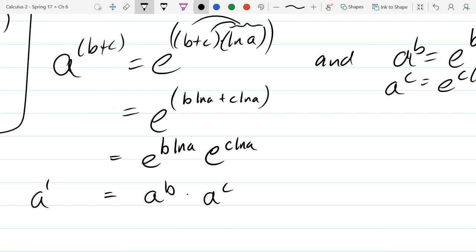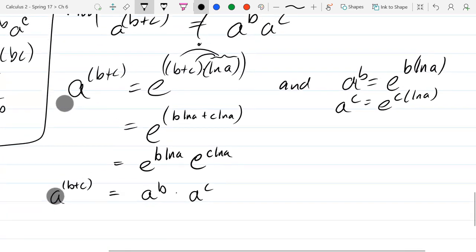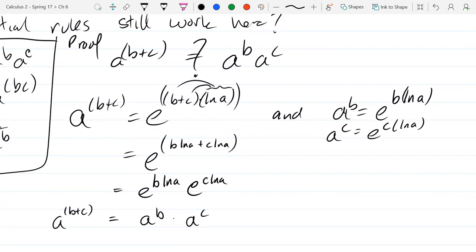And where we started, a to the b plus c. This type of proof is what we call unwinding definitions. We just said, hey, this thing is defined in terms of this other thing, and we want some property. So we translate it to base e, use what we know, and then translate it back. That's all we did in this proof.